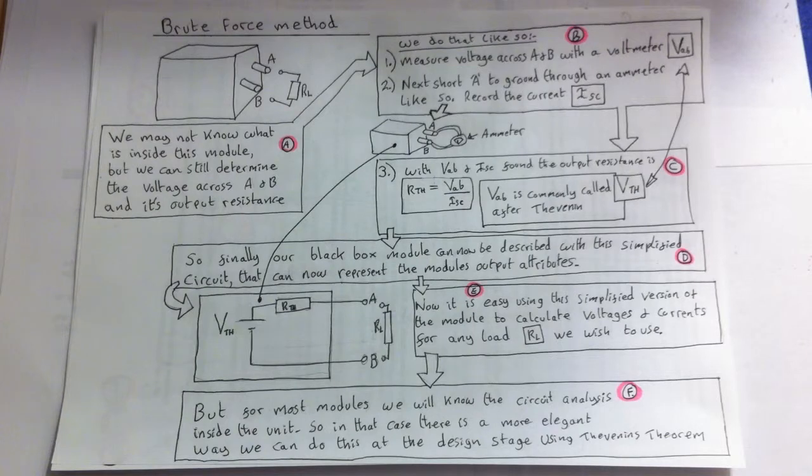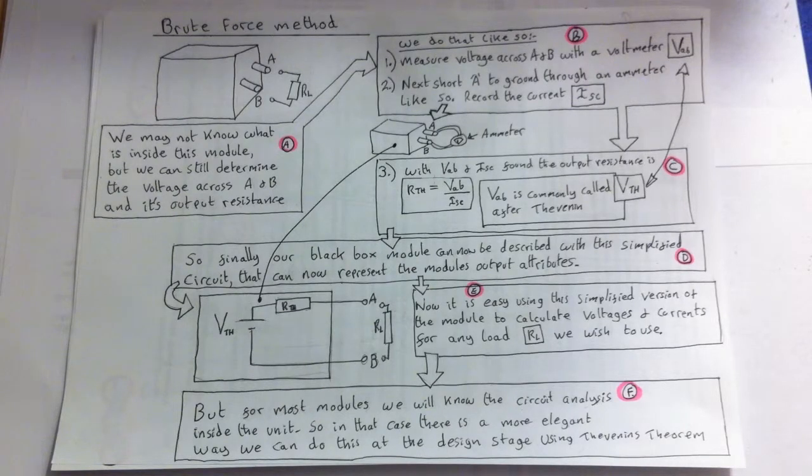So then for this module, we've got the output resistance and we've got the output voltage. Commonly the output voltage is named VTH, named after Thevenin, and this output resistance can be called RTH, but we generally only use those names when we're doing the circuit analysis with actual calculations.